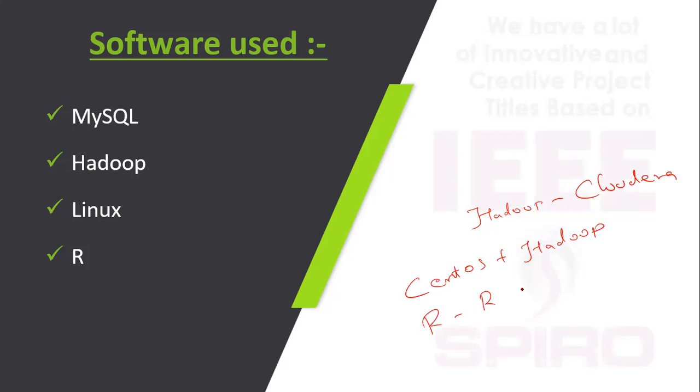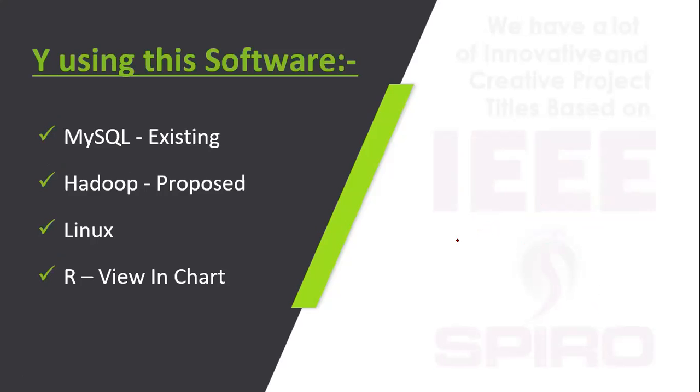For visualization, which is basically charts, like bar chart and also pie chart, something like this. So these are all the softwares you will be using, and MySQL is existing, and Hadoop is proposed. We'll be comparing both inside this project.